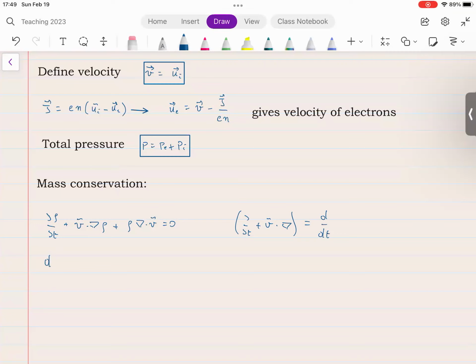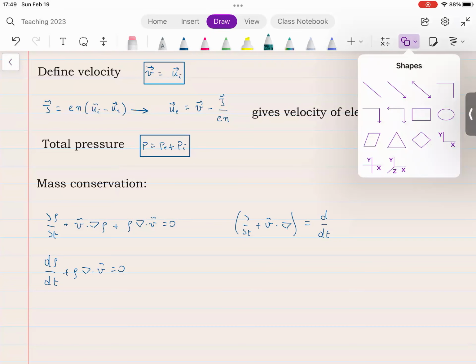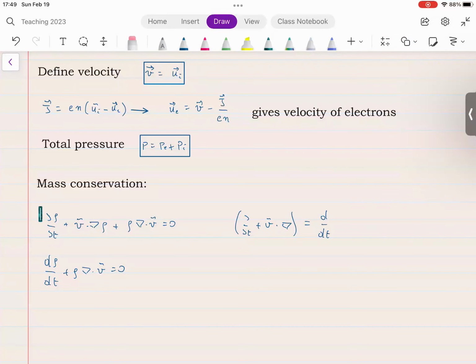That's why you will also find this equation written as d rho over dt plus rho divergence of V equal to 0. That's my mass conservation equation.